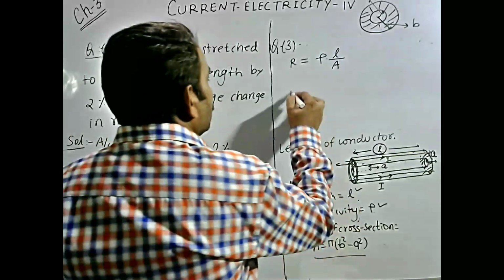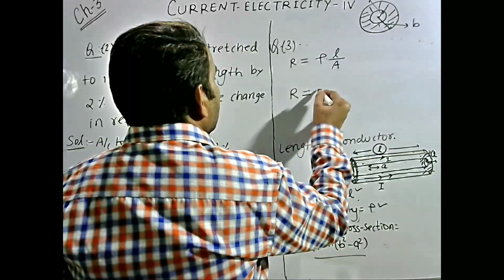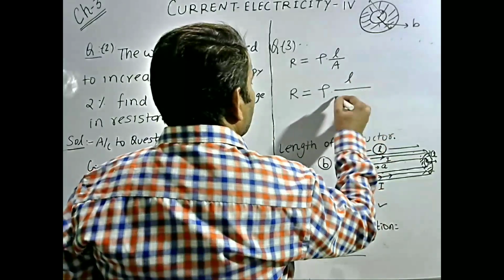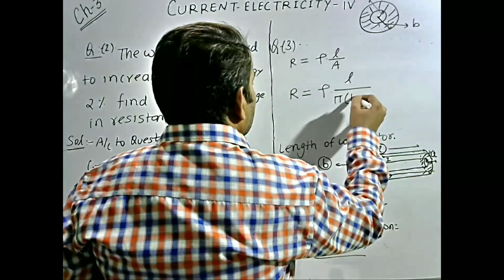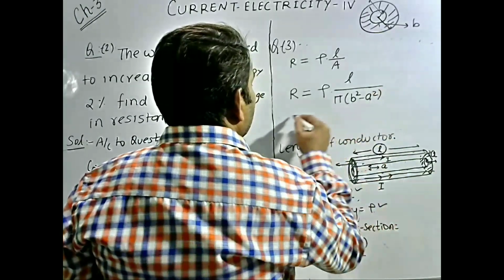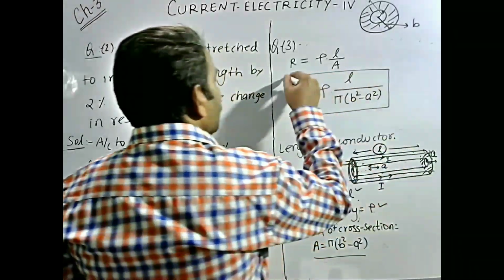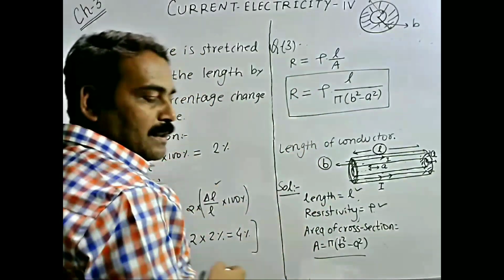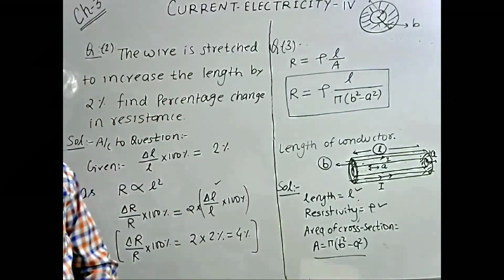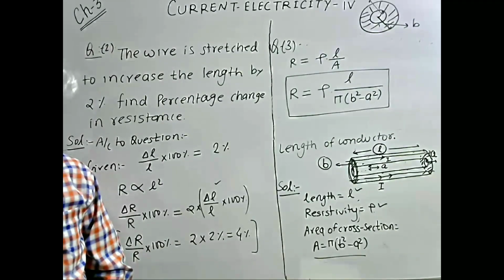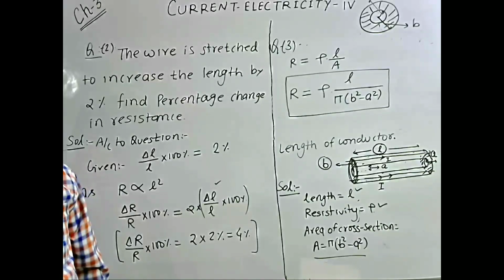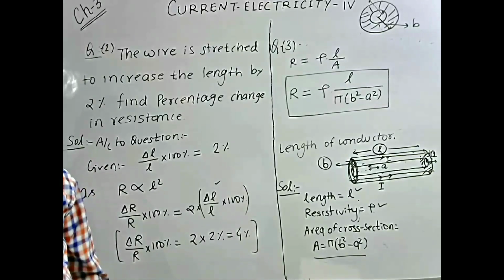So the resistance of this cylinder will be rho into L upon pi b square minus a square. This is the resistance of the given cylinder. Please note down. I hope all of you understand.